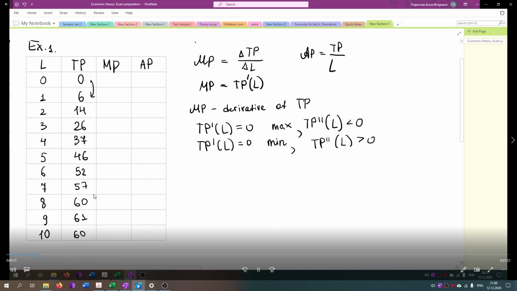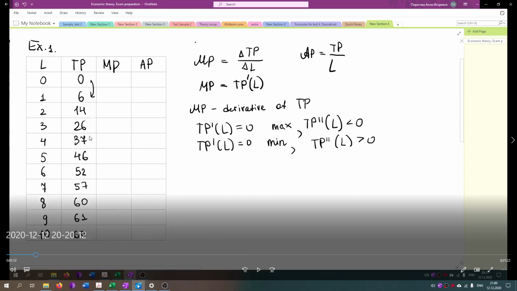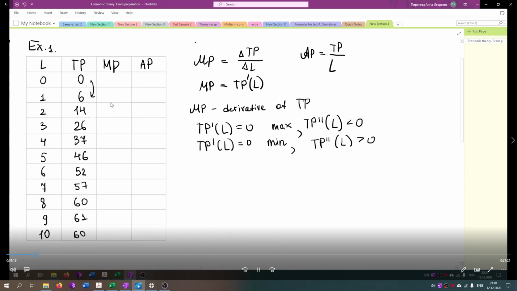Yes, so we go from the first row to the second row, from 0 to 6, and we need to subtract 0 from 6, and we will receive our marginal product in the first case. So from 0 to 6 will be equal to 6.